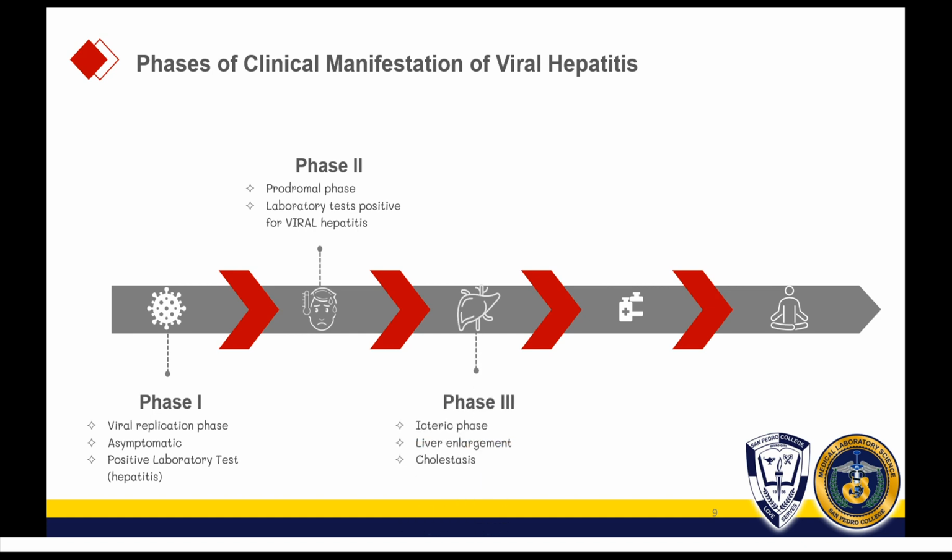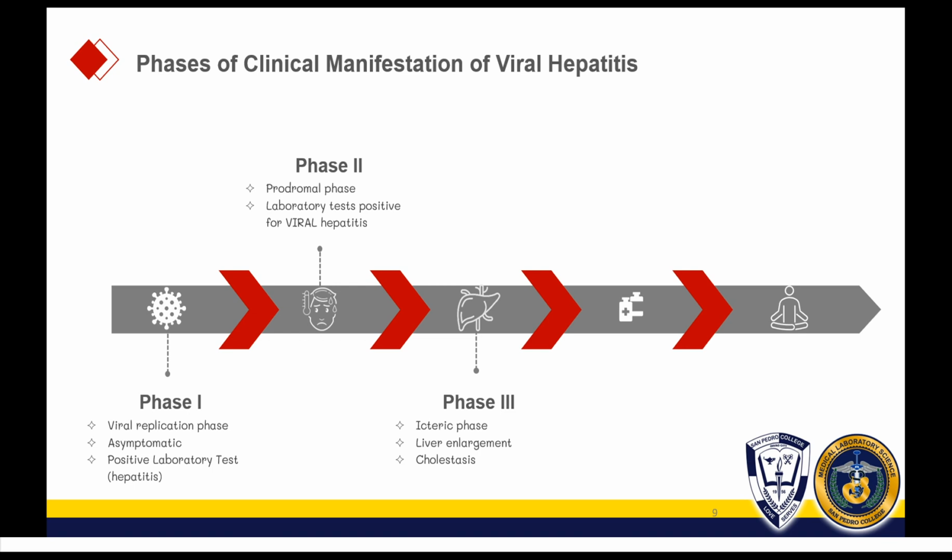With phase 3, no, here is already the full manifestation of the symptoms of the hepatitis. So, the patient is already icteric, no? So, the patient is already yellow, no? Nag-yellowing na, meron ng jaundice ang ating patient. The liver is already palpable because of the enlargement, and there is already cholestasis.